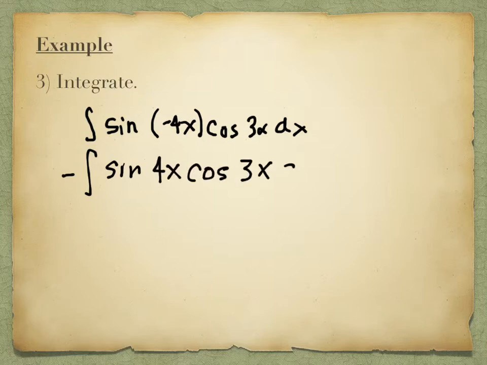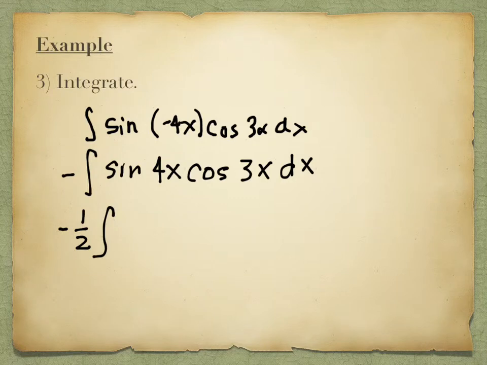cosine of 3x dx. All right, so looking at those three product to sum formulas over here, which one are we in? 1, 2, or 3? I didn't number them on here, but you can count. So, which one? 2. So the first thing I am going to do is I'm going to have a 1/2. So I'm going to just put the 1/2 in front with that negative because I don't really need it to be a part of the integration.